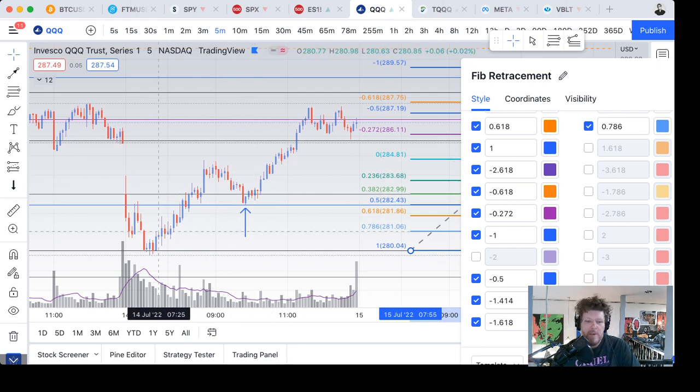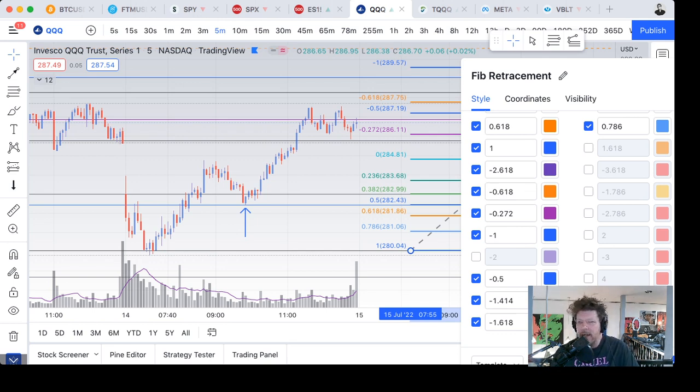There's a move up and then a retracement. Once we get to the zero line, we can add extensions in the negative space, so to speak, which is the space above. So that's why minus 0.618 is actually the 1.618 extension. Sort of the inverse of the retracement is the extension, if that makes sense.